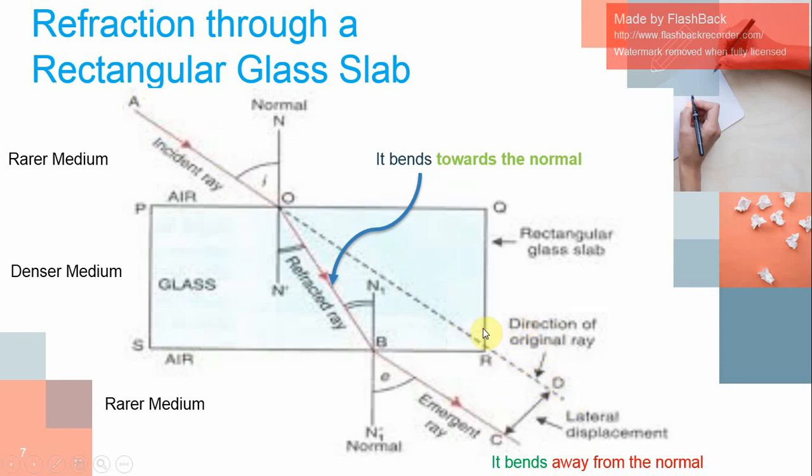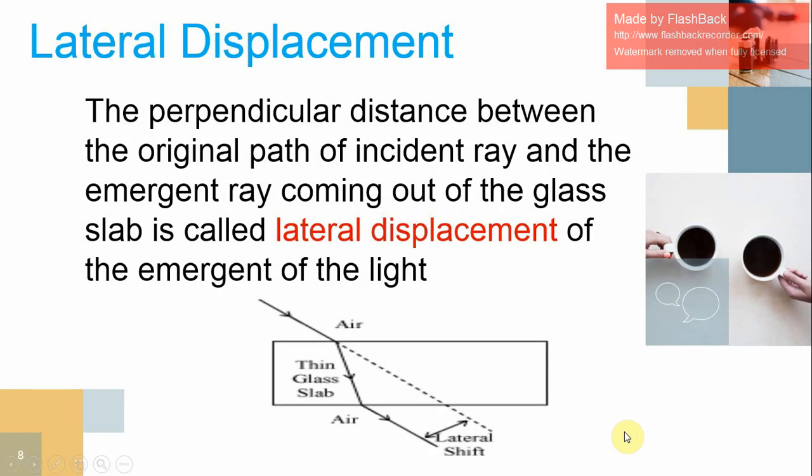The distance between the direction of the original ray and the emergent ray is called lateral displacement. The direction of the original ray and the emergent ray are parallel to each other. This is a very important point.